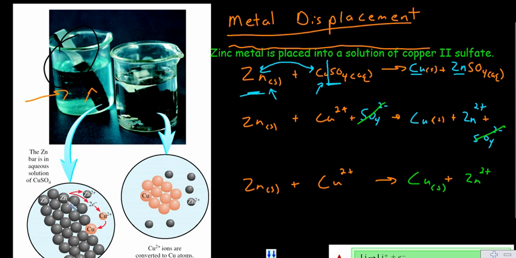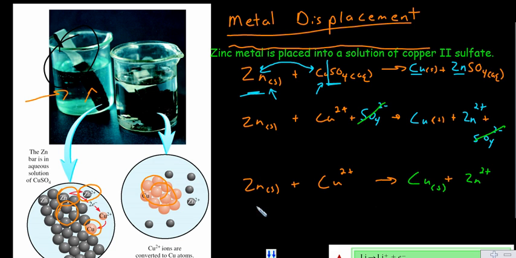Really what's going on is zinc solid is turning into zinc ion and dissolving because it's giving off 2 electrons to the copper ion to form copper solid. Soon a lot of that zinc has dissolved, and the copper ion in solution has turned into solid. So again, this reaction occurs.